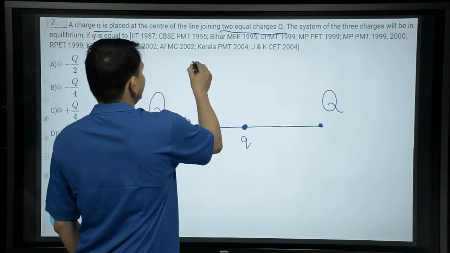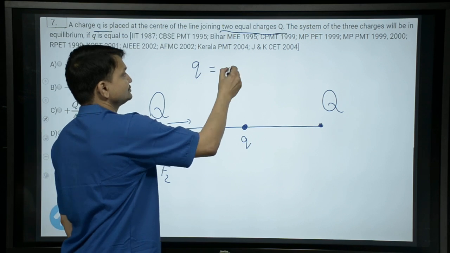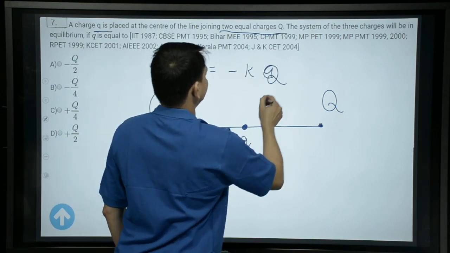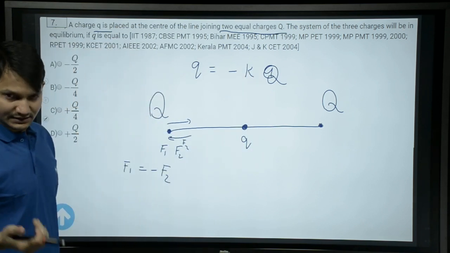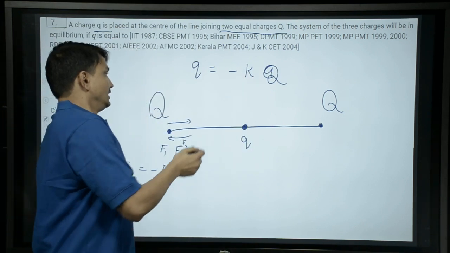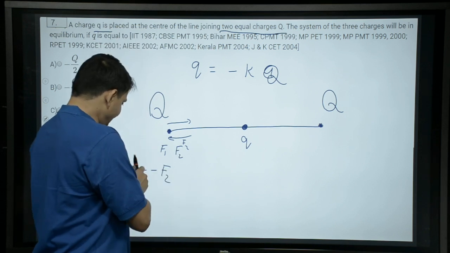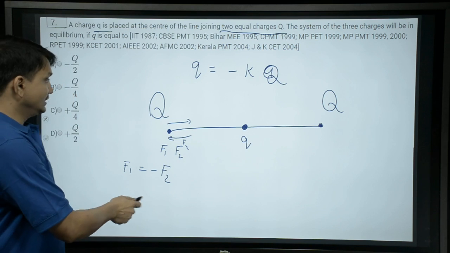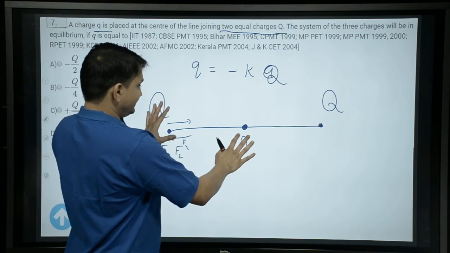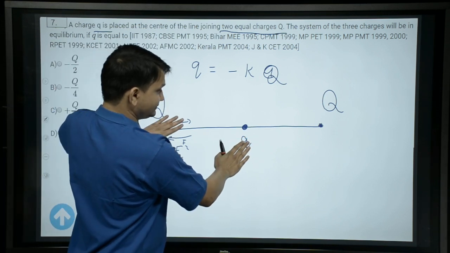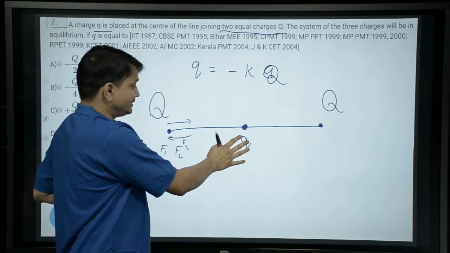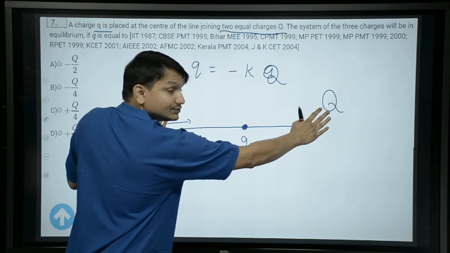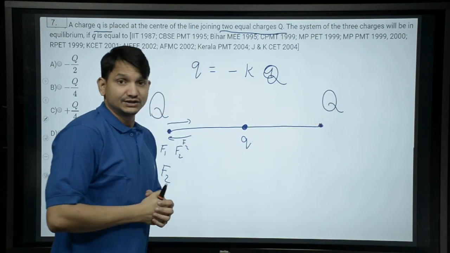So F1 is minus F2, so definitely this and this have opposite charges. So let's say Q is equal to some KQ, while my K is some positive constant. Now consider F1 is equal to F2 in magnitude, that means the force exerted by this small q charge is equal to the force exerted by the capital Q charge.